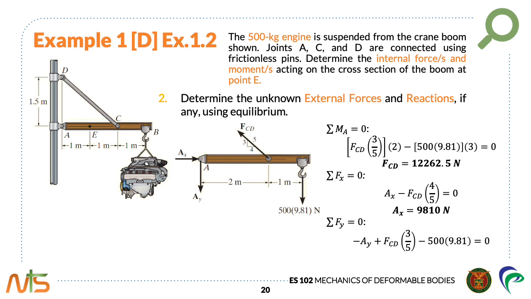And the weight of the engine, that is 500 multiplied by 9.81, negative since going down. And then we equate the summation of forces to 0 and determine the unknown force AY. So again, since FCD is given, we have AY equal to 2,452.5 newtons.